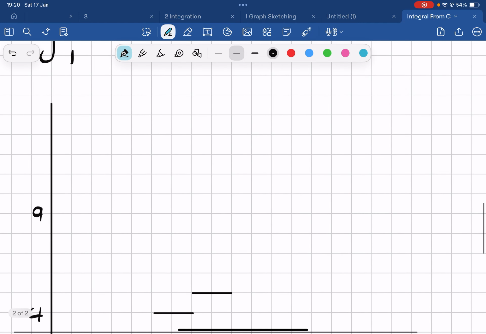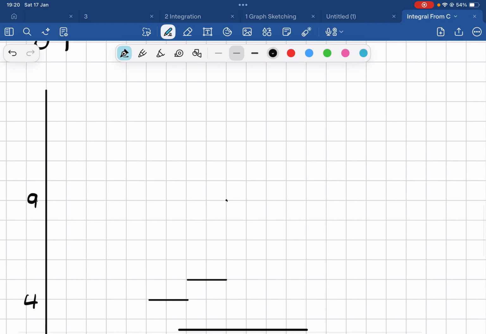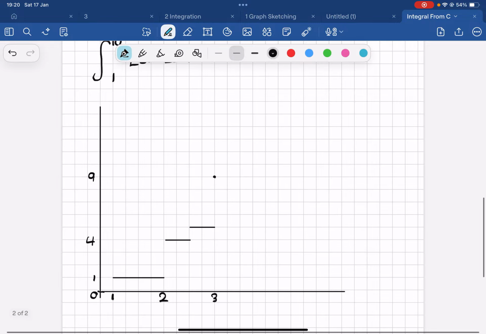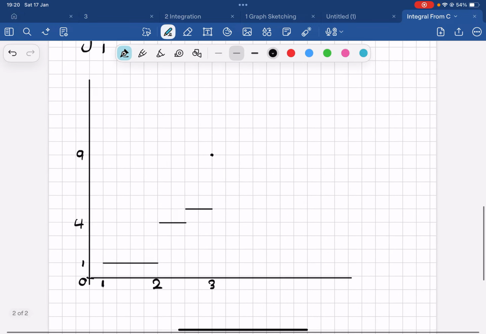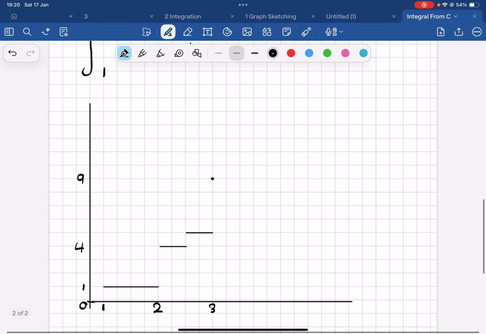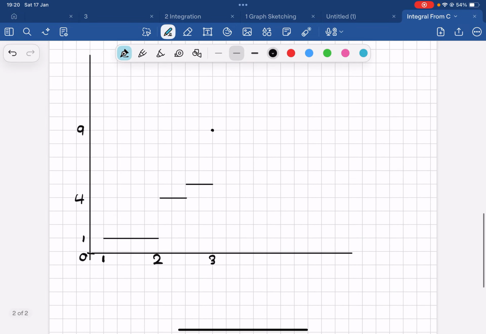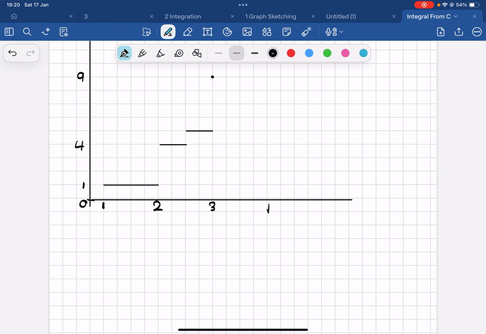With 3 now, we need to check the values of y between 3 and 4.